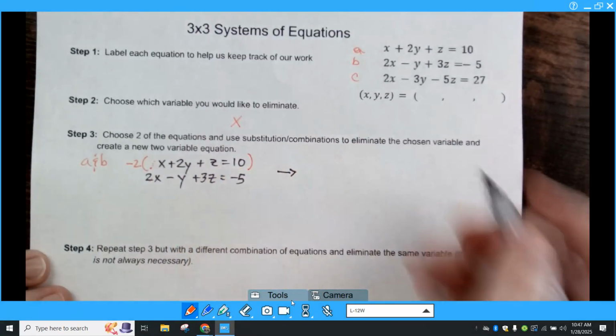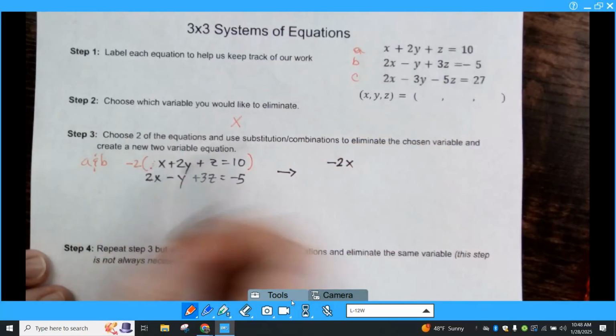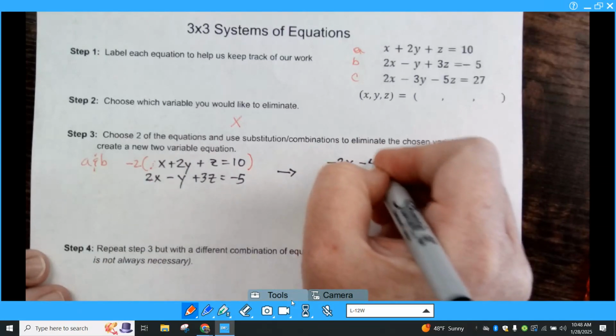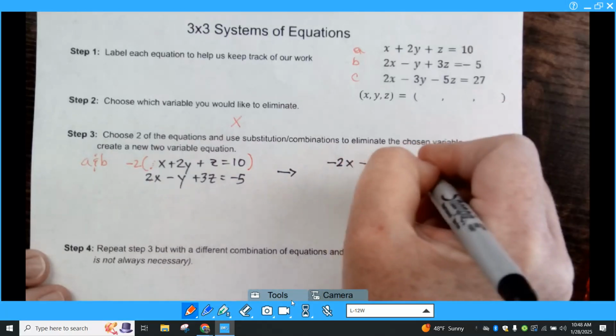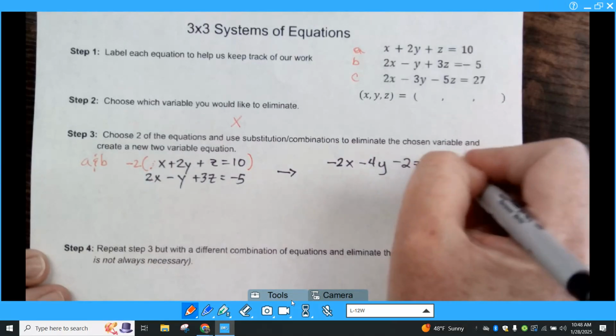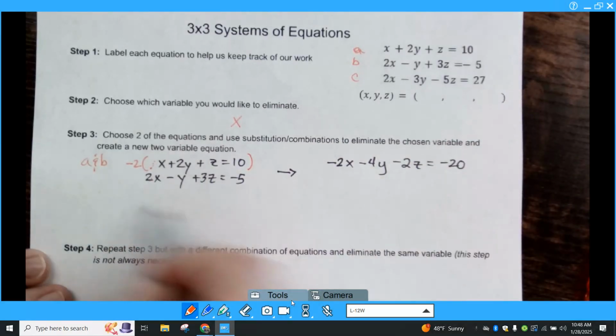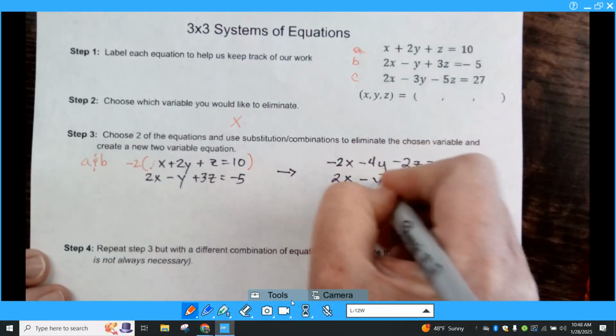So this is going to become, on top, negative 2x. Negative 2 times positive 2 is negative 4y. Negative 2 times z is negative 2z equals negative 2 times 10 is negative 20. I don't have to multiply anything on the bottom, so that's going to stay exactly the same.